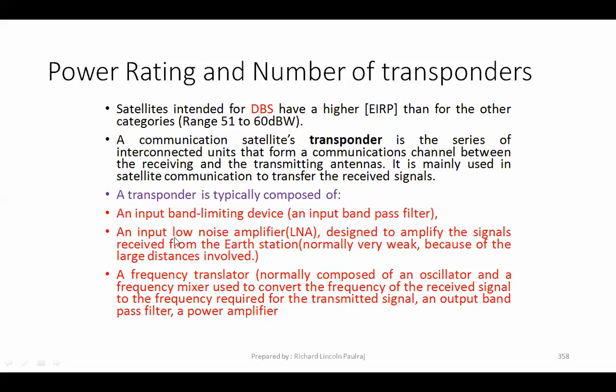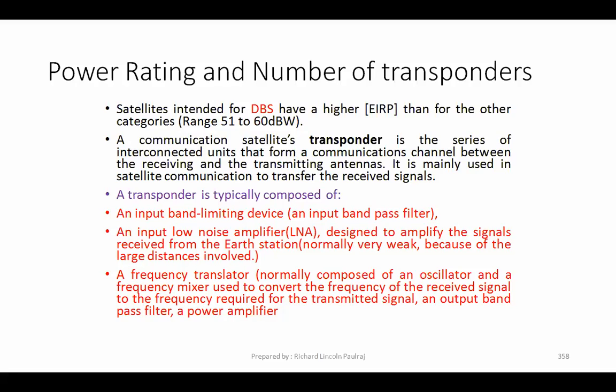Why do we select the band pass filter? So that only a range of frequencies can be allowed. Whatever our custom frequencies are that is needed, only that can be taken. The other frequencies can be filtered out.